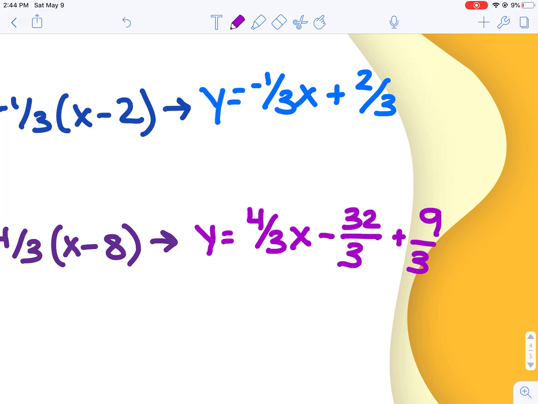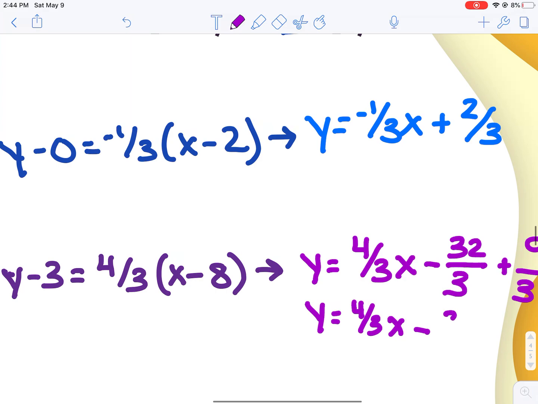So I'm going to add 9/3. So this equation really is y equals 4/3 x minus 32, negative 32 plus 9, rather, brings me to 23/3. And it feels icky and gross, but we're just going to leave it for now because when I solve, my very first step will be to clear my fractions.